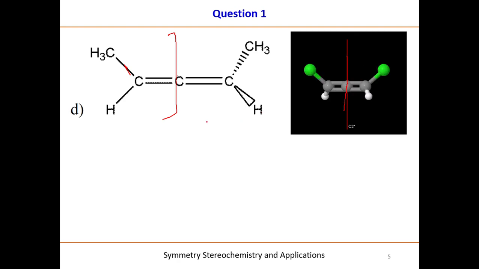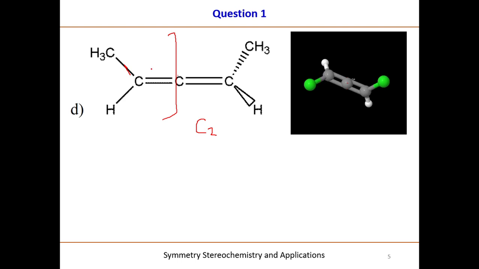That means a C2 axis is present here. Now you can check whether any other plane or axis is present or not here.